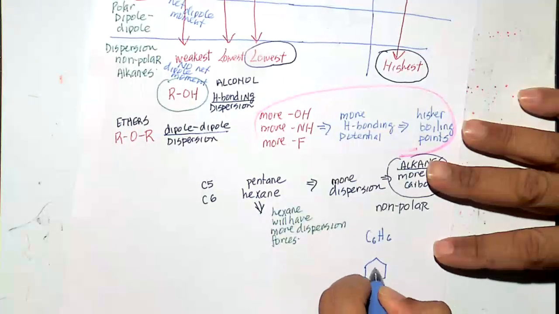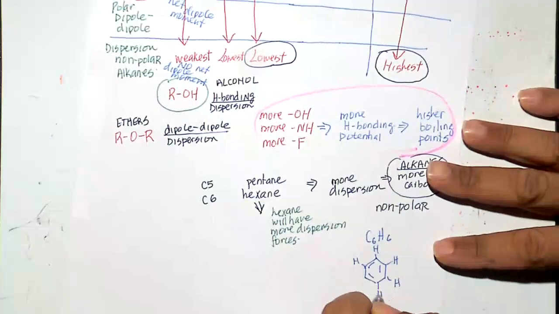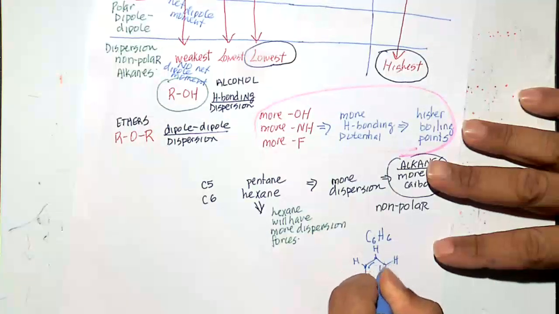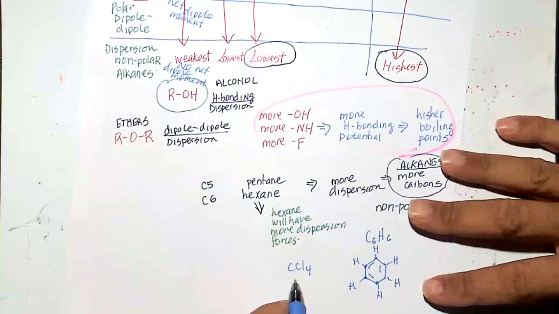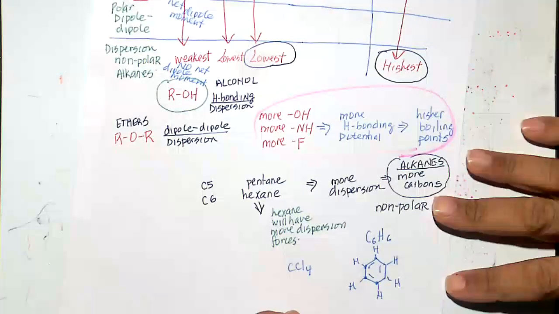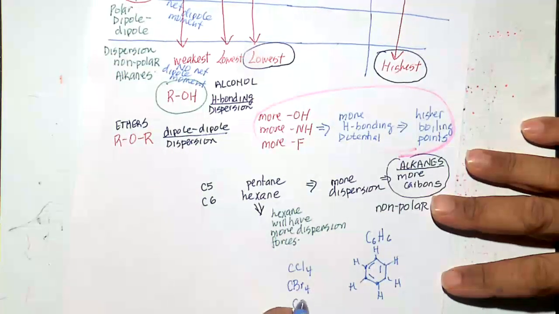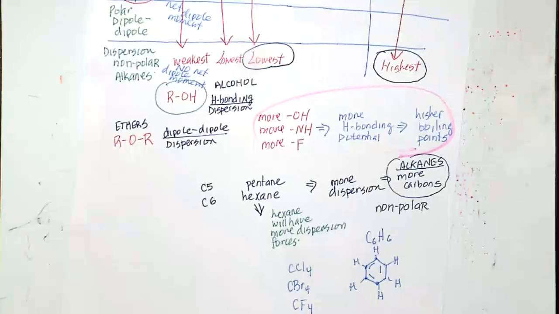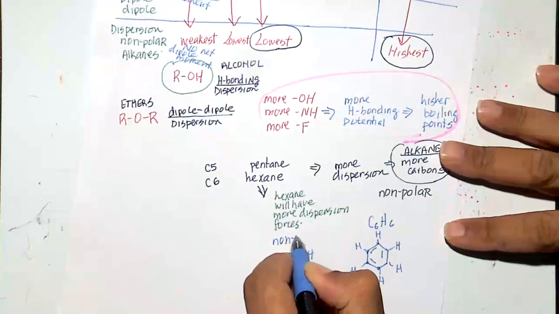This is benzene, and each of these represents a carbon, by the way. Another one will be CCl4, carbon tetrachloride. Even though chlorine is electronegative, or even CBr4, anything with symmetry. Even though the bonds pull, they pull equally and cancel out each other, so this would also be nonpolar.